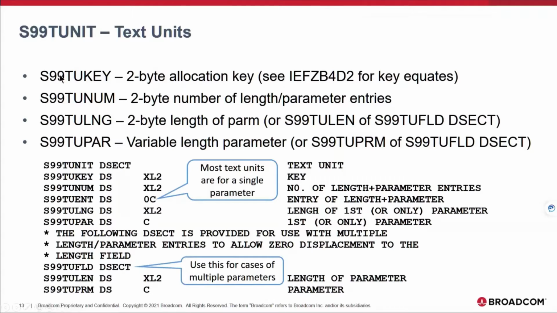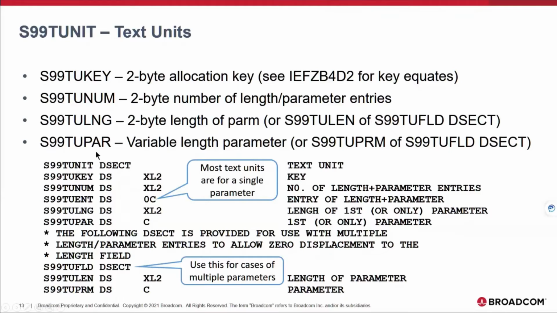So these keys designate the specific thing that you're dealing with, like the dataset name or the DD name or whatever. Then there's a 2-byte field that says how many of the length parameter entries we have. Most of them are just a single parameter, so you'd expect a 2-byte length followed by the actual text unit itself. For instance, for the dataset name, you'd have 44 here, and then this would be the dataset name. Or if this was a DD name, it would be 8 here, and then you'd have the 8-byte DD name here.